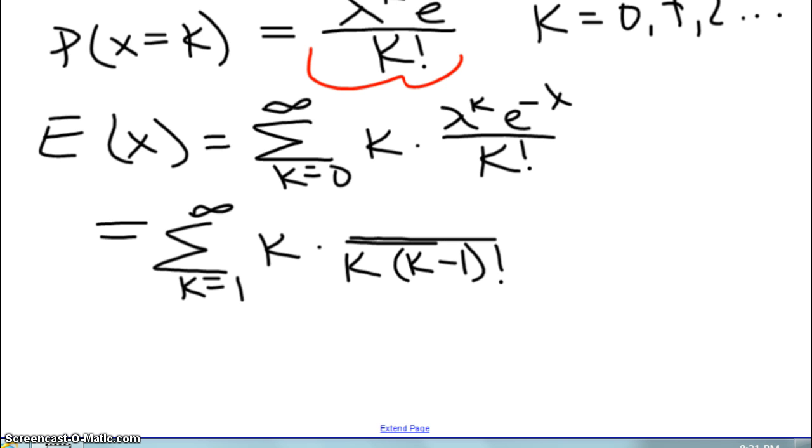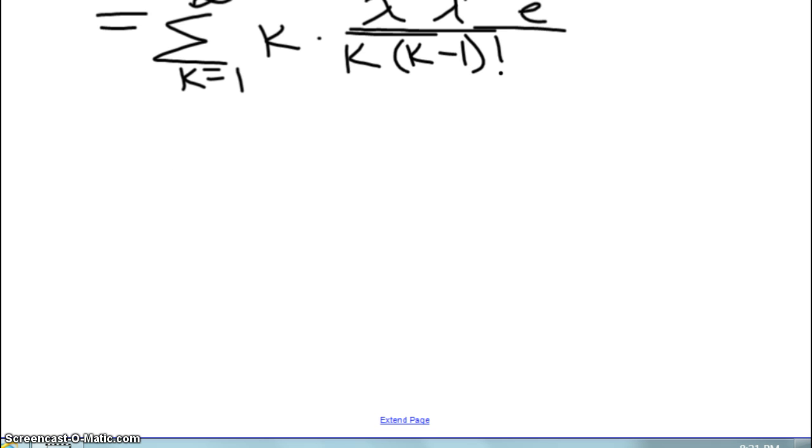And we're going to bring a lambda out, so that we'll have lambda to the k minus 1 and e to the negative lambda. This will result in our k's canceling out, so that we can bring the lambda out front.